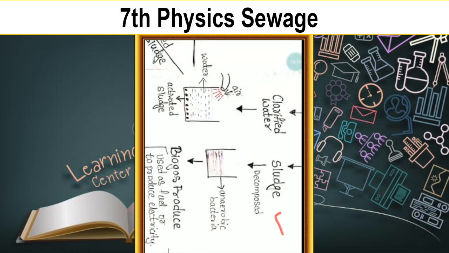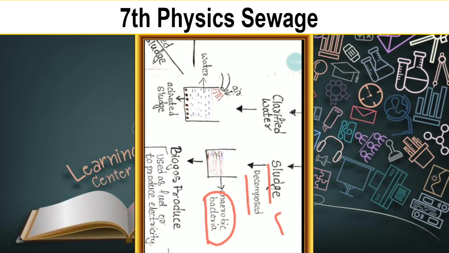Now this sludge is transferred to a separate tank where it is decomposed by anaerobic bacteria. Anaerobic bacteria means these bacteria can grow without oxygen, in the absence of oxygen. So these anaerobic bacteria attack whatever matter is present in the sludge and decompose it.